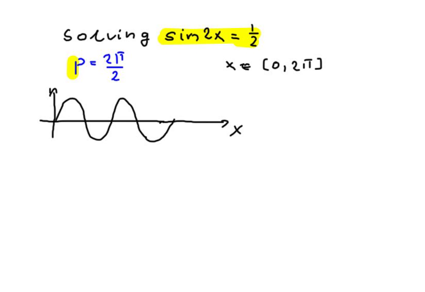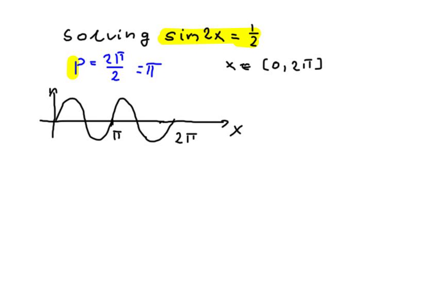So this is equal to pi radians. So the full cycle of the sine function is completed on pi radians. So pi, and the next one here, 2 pi.